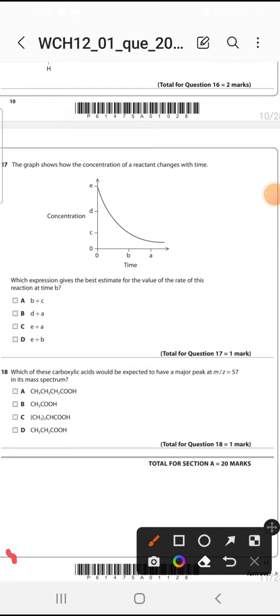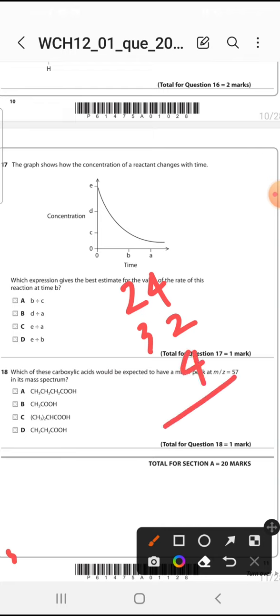So when you find the Mr of all of them, my eye goes to answer B. It cannot be, because the Mr of that one would be 24 plus 32 plus 4. That will be how much? 60. That cannot be.